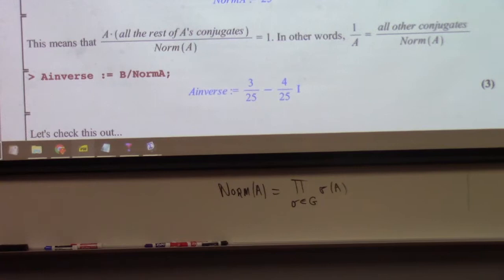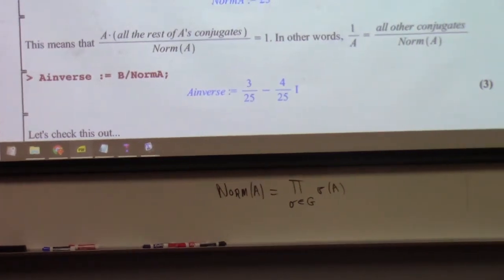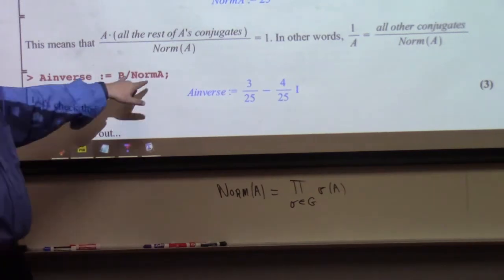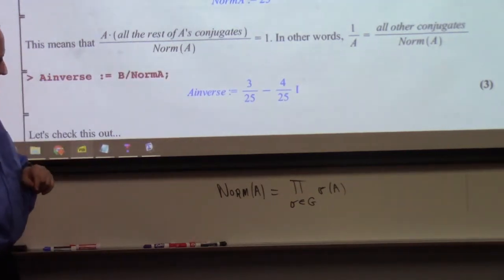The identity's in there, so that gives you A, and if we're just dealing with a quadratic extension, there's just two things, so it's just A times A conjugate. That's the norm you've seen in algebraic number theory if you studied that. But the thing that's neat about the norm of A is that it's fixed by the Galois group.